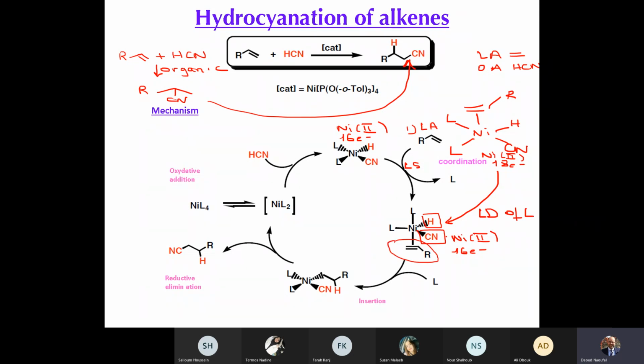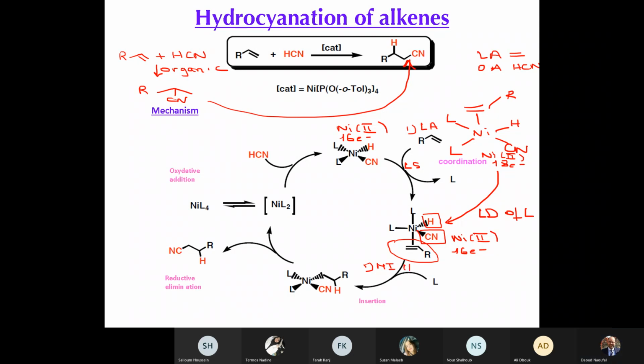So we have two possibilities. H minus can attack alkene, or CN minus can attack alkene. We know that the ability of H minus to attack alkene is greater than that of CN minus. It's not necessary to know this characteristic. In your reaction, you need H on the double bond. So it's necessary to have migratory insertion of H to alkene.